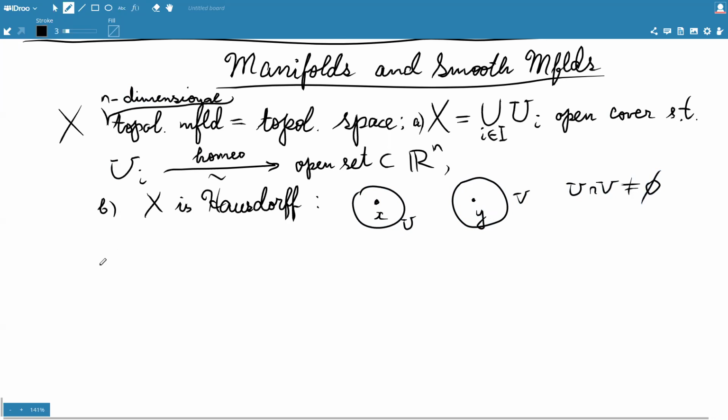There are sometimes some more conditions on the manifold. It is usually assumed that X is second countable, that means that it has a countable basis of topology.